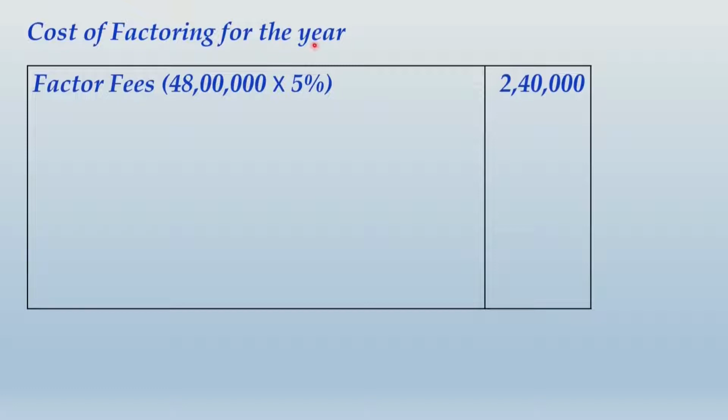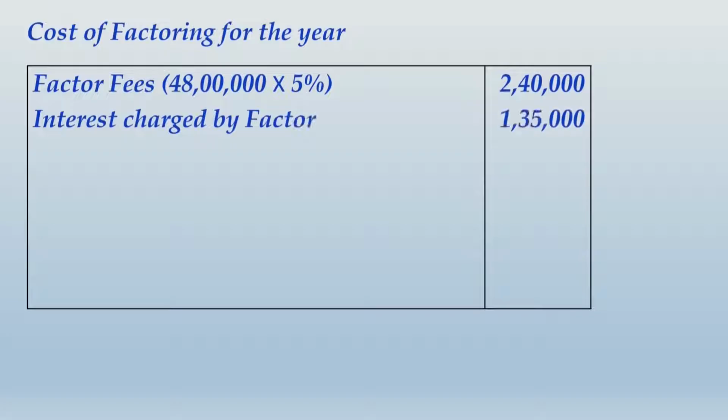Had it been for one cycle, we would have taken 5% of 12 lakhs, but because it is for the entire year, it is 5% of 48 lakhs, that is 2,40,000. Interest charged by factor is 1,35,000, and we have already shown how we got 1,35,000.